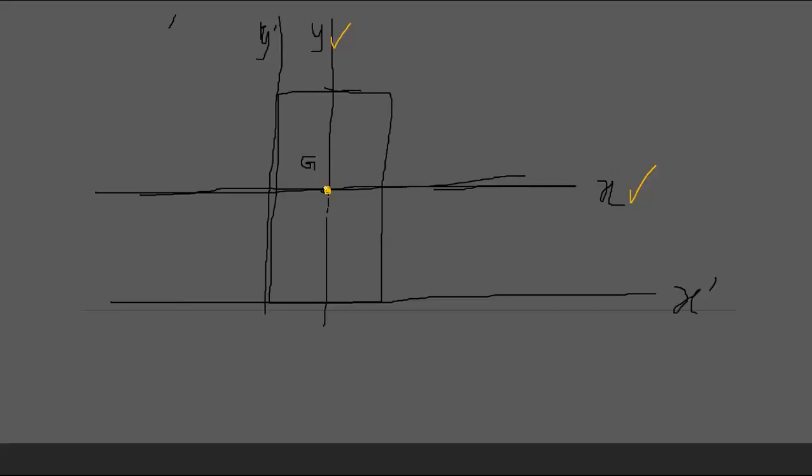Let's say this x, okay? So we'll take a small element. The thickness is dy, breadth is b.